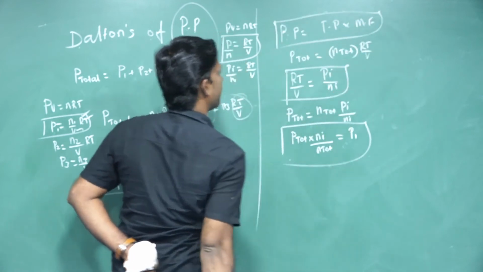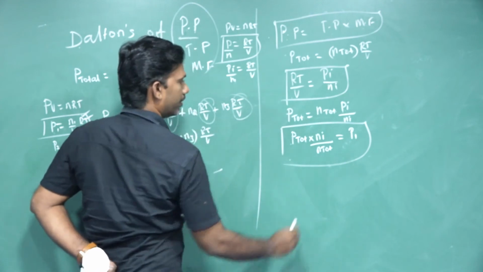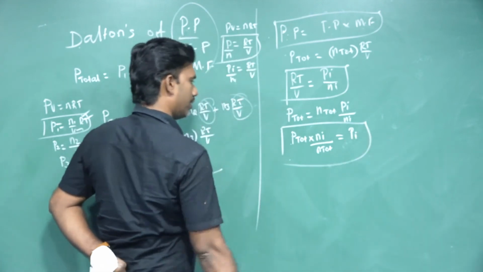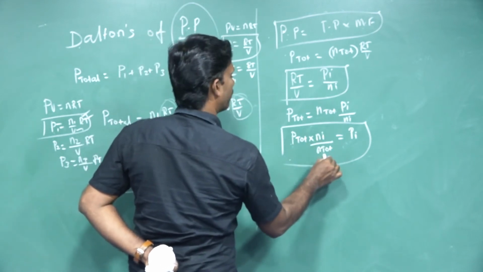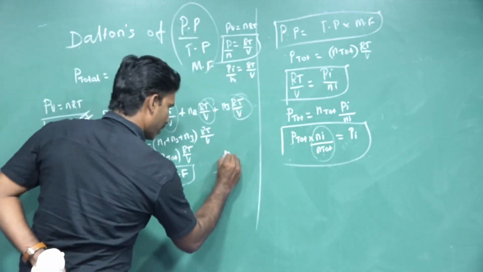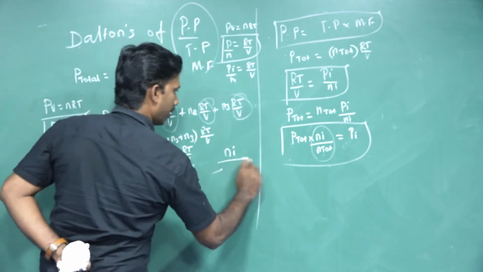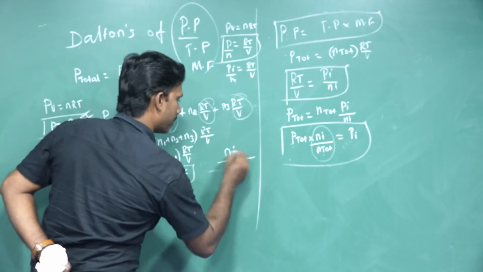How does the formula come here? This is the way the formula comes. Pi is the partial pressure of the ith gas, the individual gas. If we take total pressure into Ni by N total, what is this Ni by N total? It is the number of moles of the individual gas by the total number of moles of gases present in the mixture.